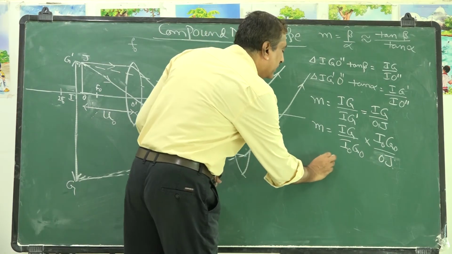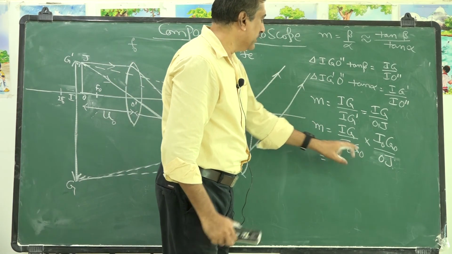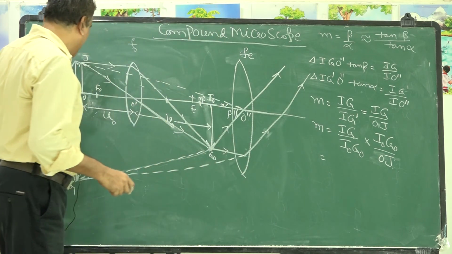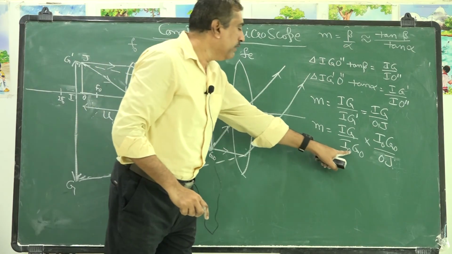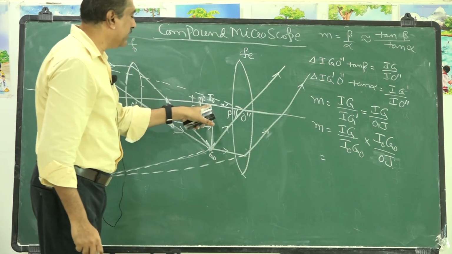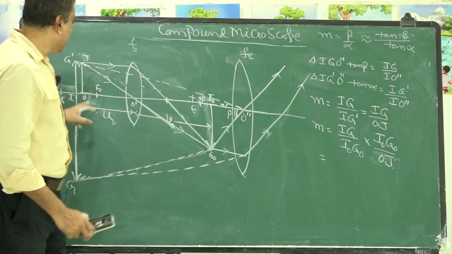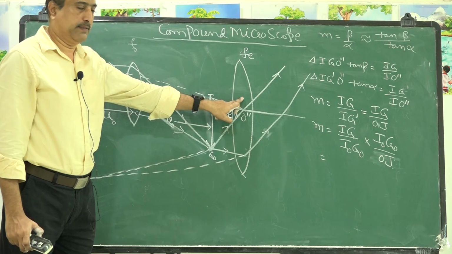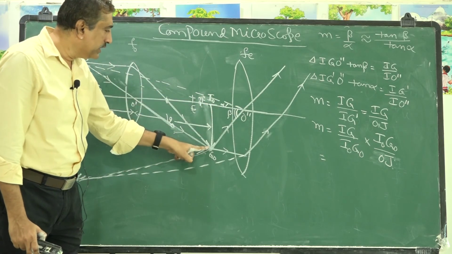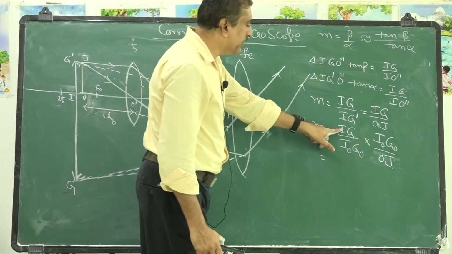By observing this, we can say that IG is the image formed by this eyepiece and I naught G naught is the object for this eyepiece, because IG is the height of the image formed by this eyepiece and I naught G naught is the object's height for this eyepiece. That means this is the ratio of these two.